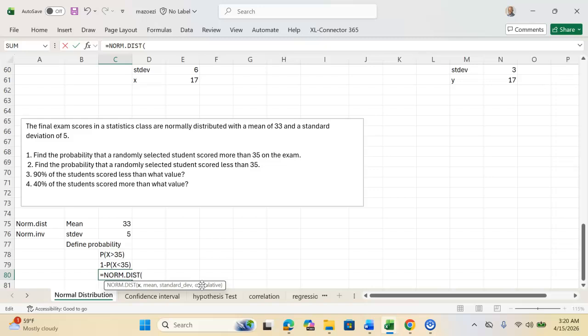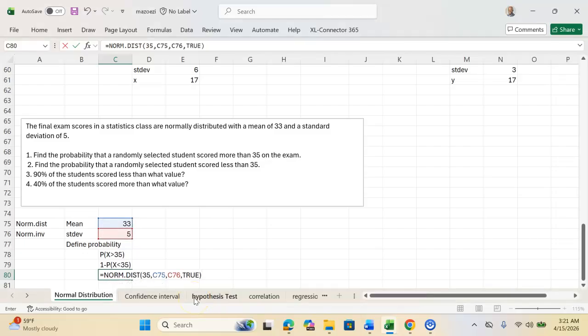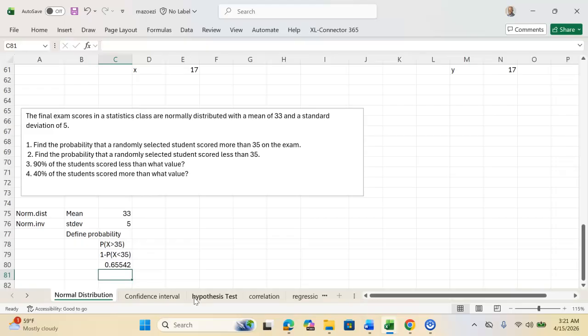Our x is 35, so I put 35, comma, click on the average, comma, the standard deviation, comma, and then select true and close the bracket.